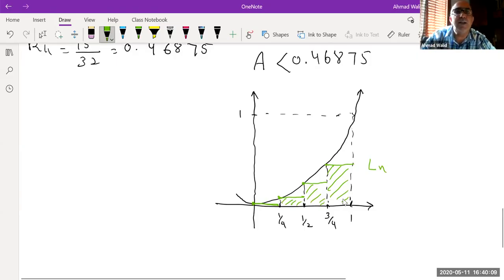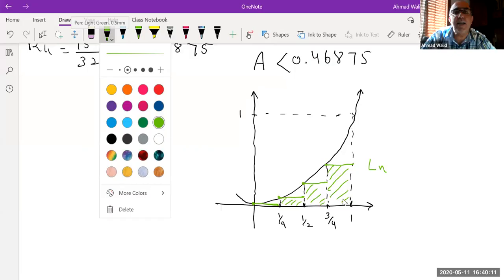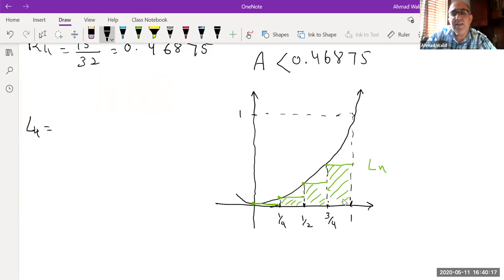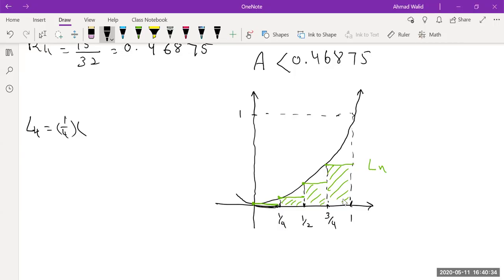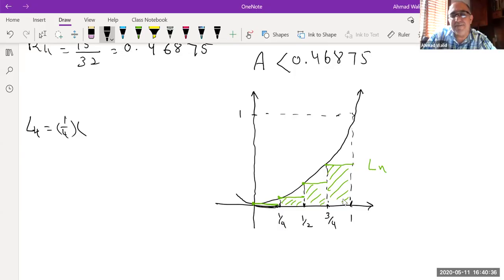Correct? The calculation is the same. The method is the same. L of 4 equals, again, this side of the rectangle is equal to, for all of them, 1/4. Times, how much is this height? You're plugging in the left, correct?